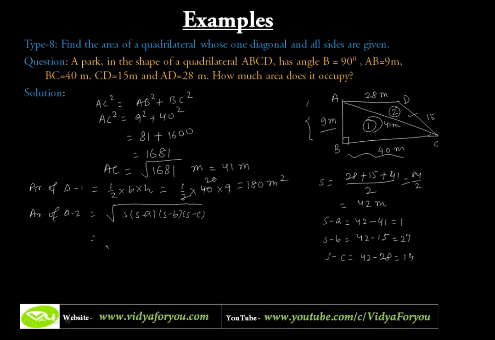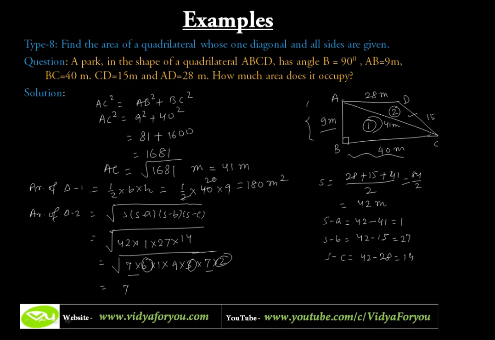Okay, so 42 into 1 into 27 into 14. So we got this as 7, 7 we already have, 6, this and this will combine to make 6.